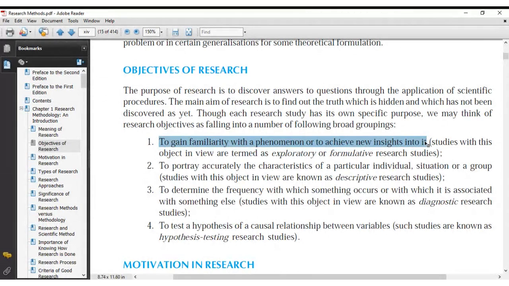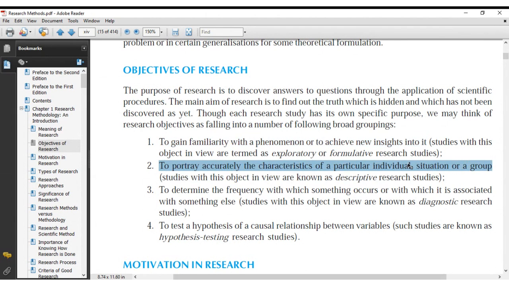So through that, you're going to be gaining familiarity with that phenomenon, that topic of study. Or to achieve new insights. That means that after research, there is a big possibility that you are going to come up with new knowledge from the data that you have gathered.